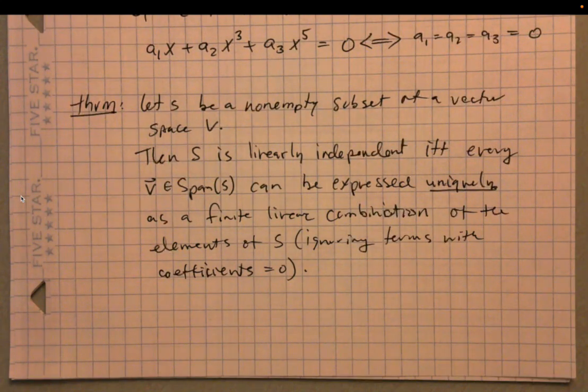So it means there's only one linear combination for each of the vectors in the span. Okay, and this is ignoring terms with coefficients equal to 0, right? Because obviously I could leave in or omit terms with 0 coefficients, meaning I could create redundant or distinct ways of writing it. But if you ignore the terms with 0 coefficients, all the non-zero terms produce a unique linear combination of the elements in the span.